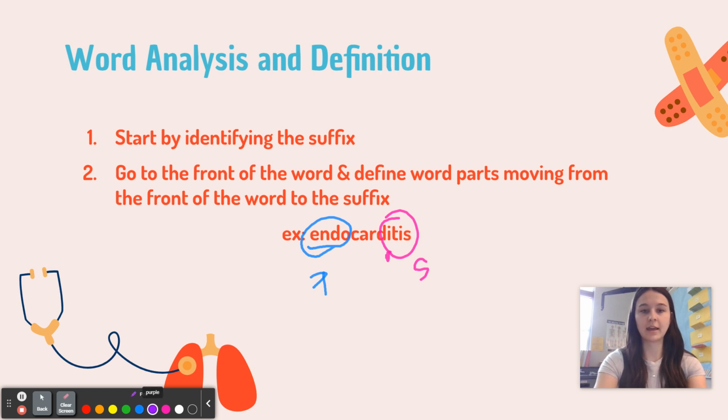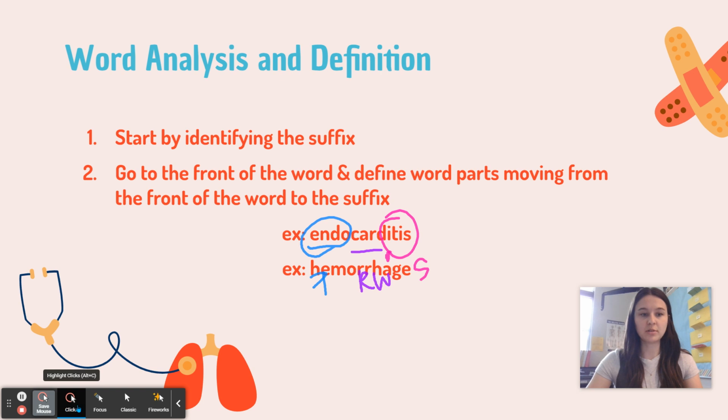And then I know that card is a root word. And so endo means within, card means heart, and then itis means inflammation. So if I were to break that down, I could take a guess that this word, endocarditis, means inflammation of the inside of the heart or something like that, okay? Which is what it is.